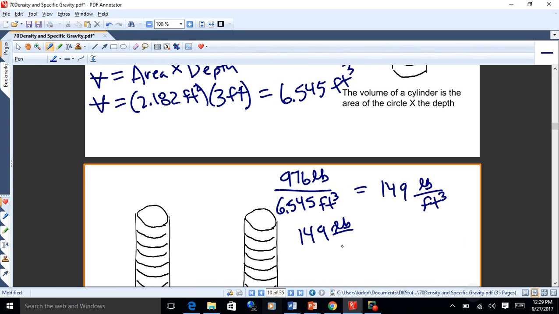So you can find the density, just divide the weight by the volume. Then you can find the specific gravity, just divide the density of this stuff by the density of water. And you'll get that this weighs 2.39 times as much as water does, or has a density 2.39 times as much as water. 2.39?